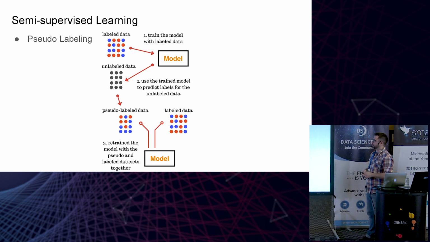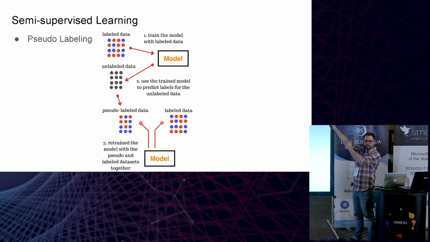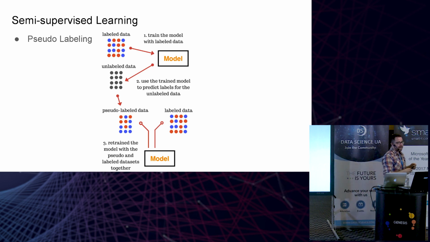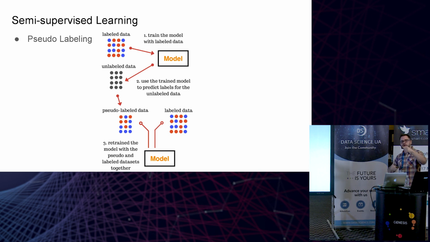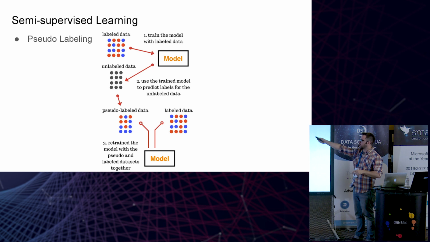How it works, this is just one way of doing semi-supervised learning. It's called pseudo-labeling. Basically, you have the labeled data, so you have the 20 Starbucks where you do know the sales. You train a model for that. And now you use that model to predict the sales of the other 20 Starbucks you don't have data for. So you predict the unlabeled data.